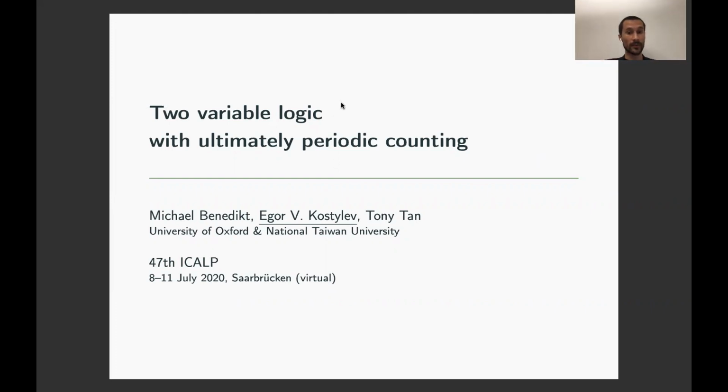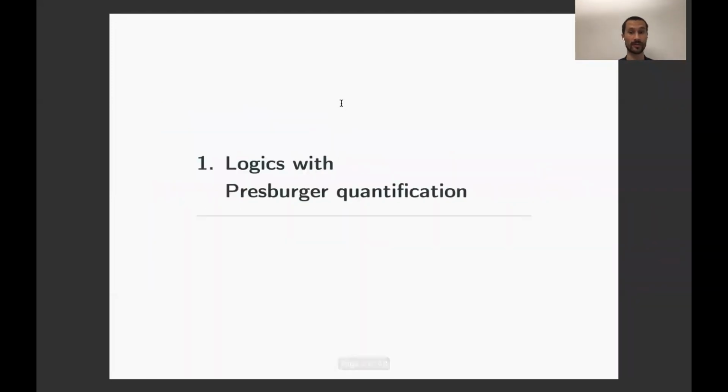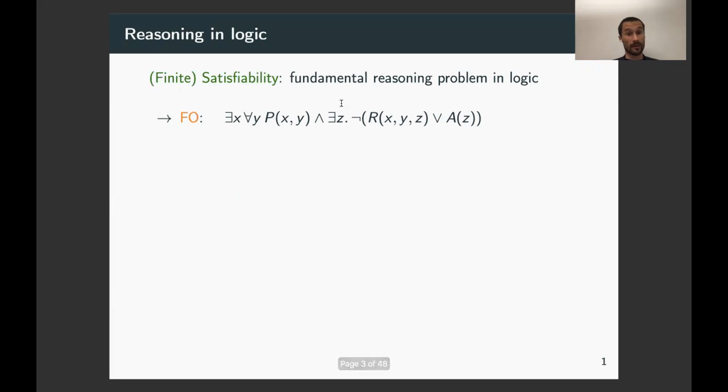So let me start with a brief introduction to logic with Presburger quantification and logic with counting in general. The most fundamental reasoning problem in any kind of logic is, of course, satisfiability or finite satisfiability. And the yardstick here is first-order logic.